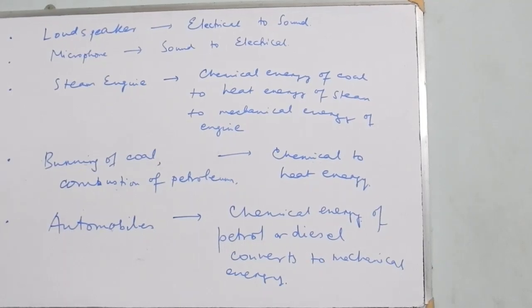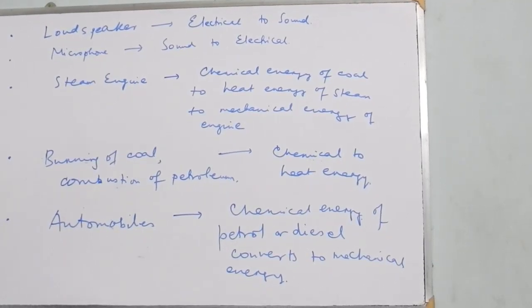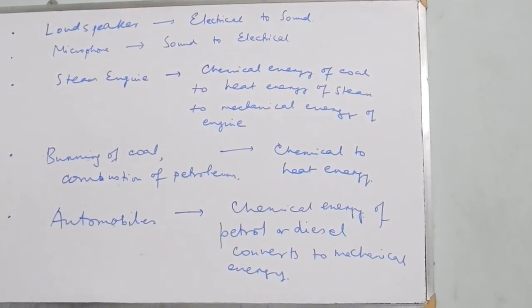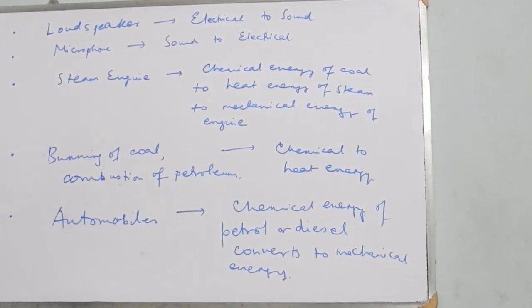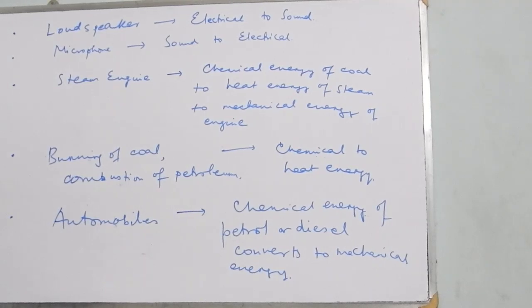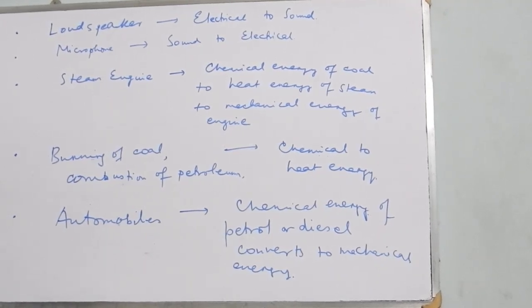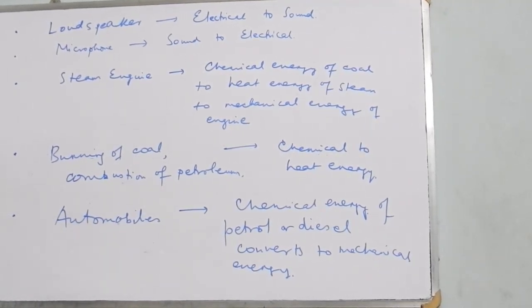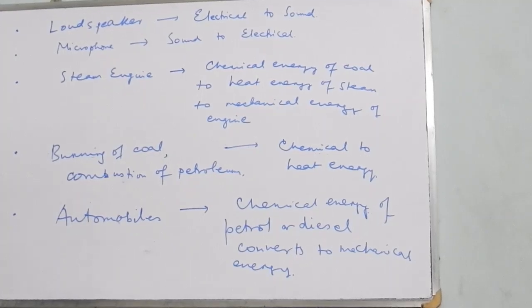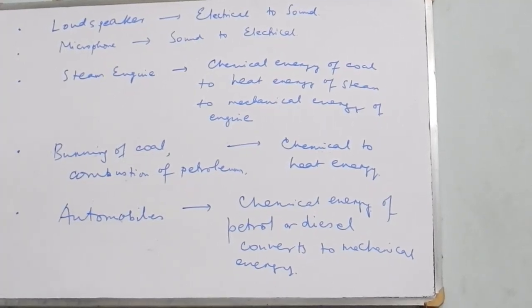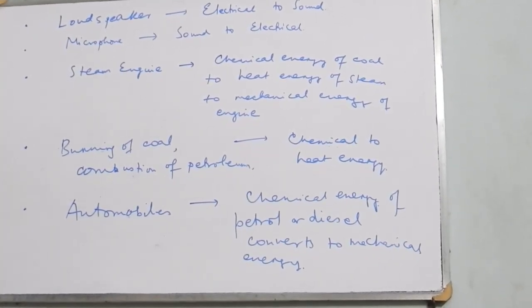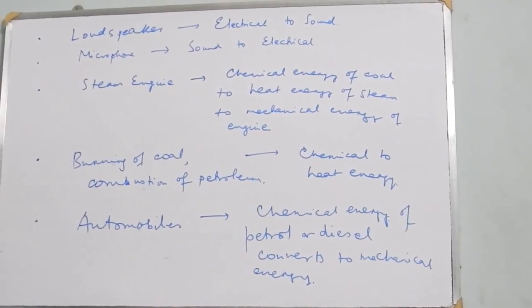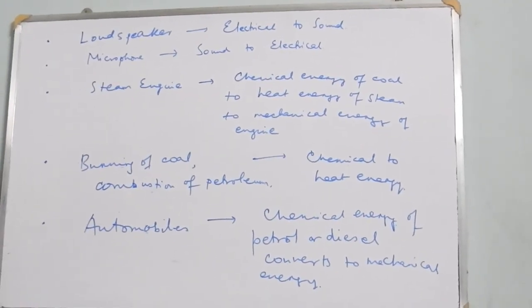Whatever energy change that we have taken examples of, no change is 100%. That means whatever device you are using or whatever process you are considering, in any example, sound to electrical, electrical to sound, chemical to heat, electrical to heat energy, heat to electrical, in whatever form of energy conversion we are trying to realize through our devices that we have created, the energy conversion is never 100%.